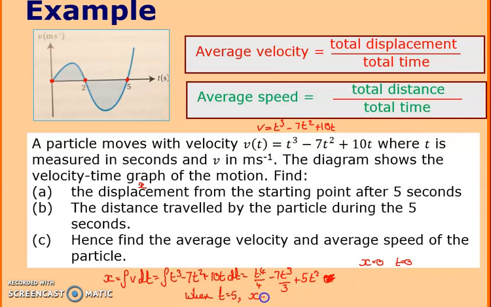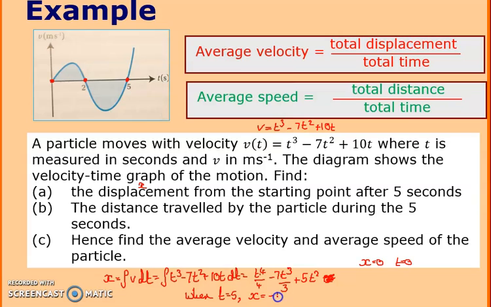So x is 5 to the power of 4 divided by 4, minus 7 times 5 cubed divided by 3, plus 5 times 5 squared. And I get, oh right, it's a negative.